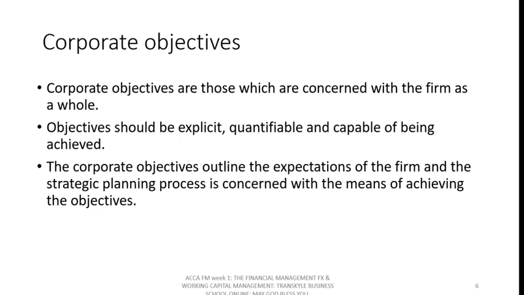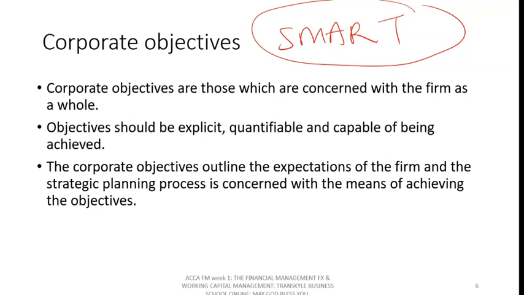Okay, let's talk of corporate objectives. Corporate objectives are those which are concerned with the firm as a whole. The objectives should be explicit, quantifiable, and capable of being achieved. Remember the SMART criterion. Objectives should be SMART. What does that mean? SMART simply means that the objectives should be specific, not vague.